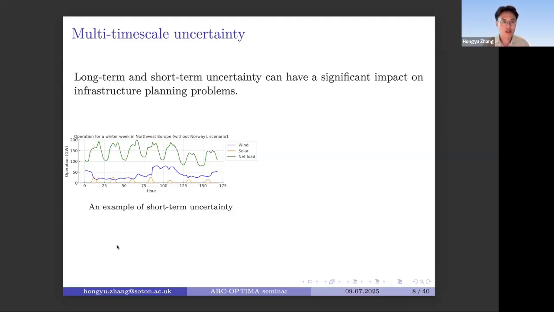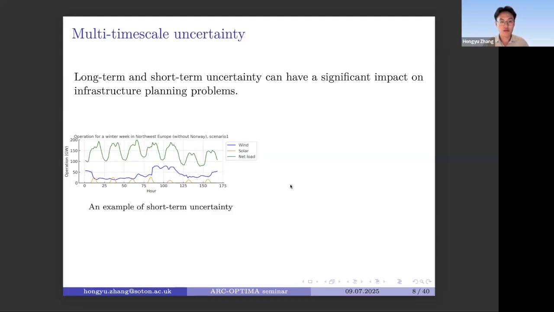The plot on the left is an example of the wind and solar production and the power load in Eastern, Northwestern European countries without Norway. And this is for scenario one.